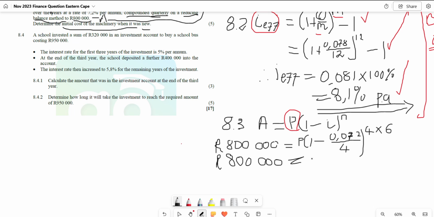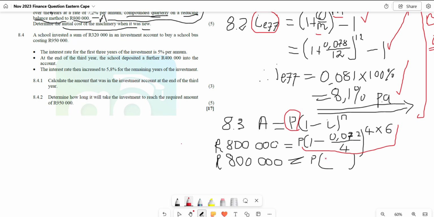Then we are still looking for P. Whatever we have here, press that into your calculator as it is: 1 minus 0.072 divided by 4, all to the power of 4 multiplied by 6.